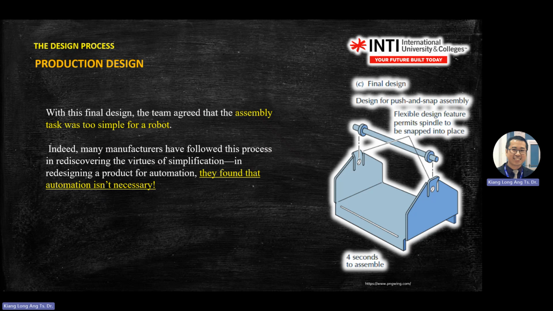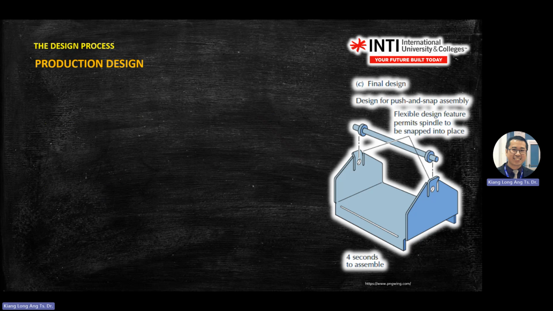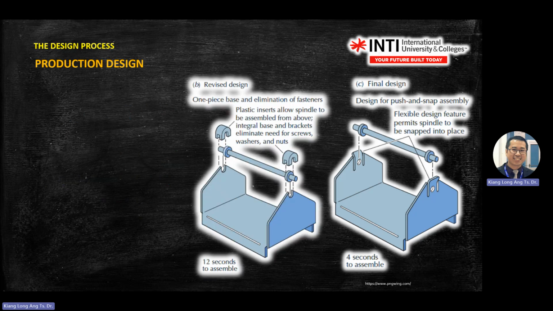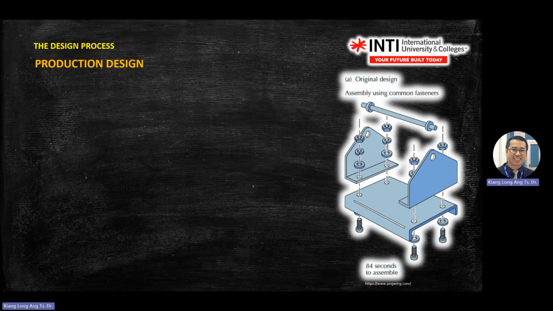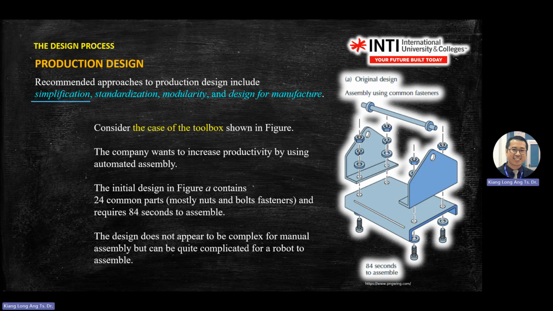All right. For your test 2, you might be given a scenario for question 2 to further improve the design by using the simplification approach. You'll be given a scenario, of course not this one. You're asked to apply simplification, standardization, modulation, and design for manufacture.